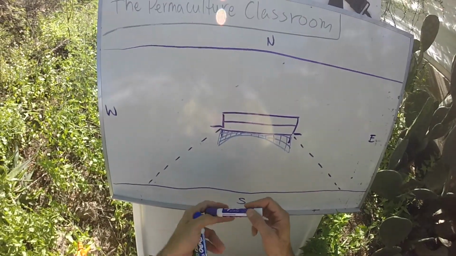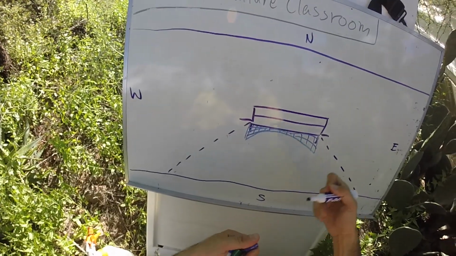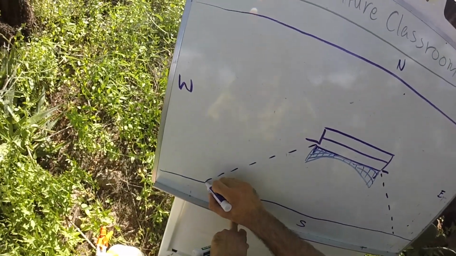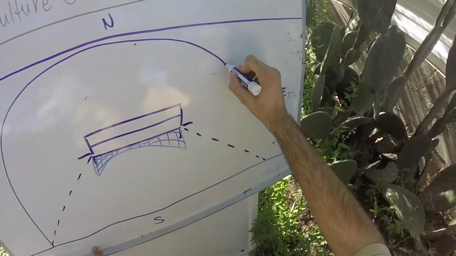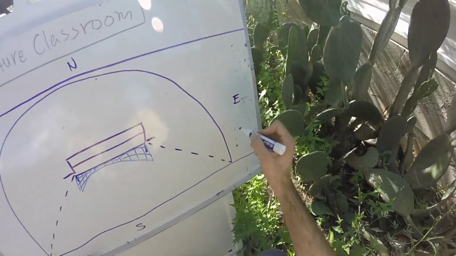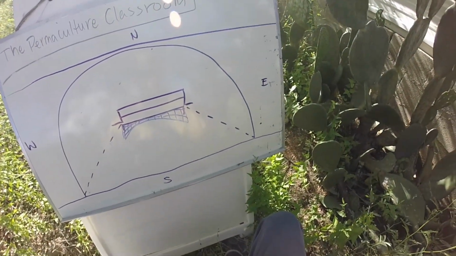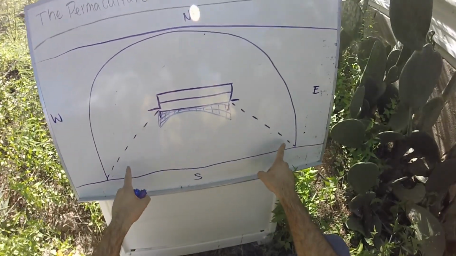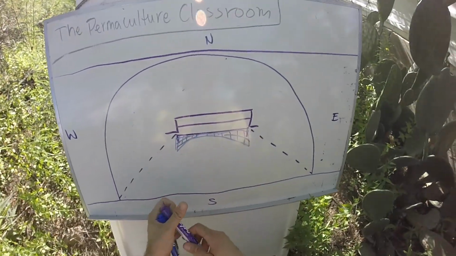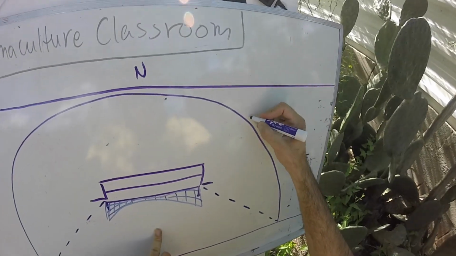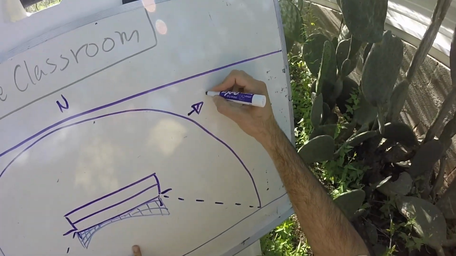Okay, so now we're going to draw our master solar arc, and what we do is we just basically do a semicircle from one point to the other point of our winter solstice lines that we drew earlier, right? So 90 degrees, 45 to the edge of the property, and then you draw a semicircle, and that is your master solar arc.